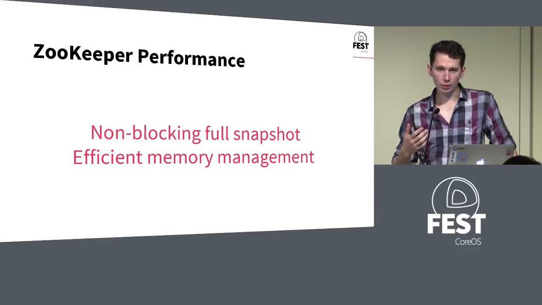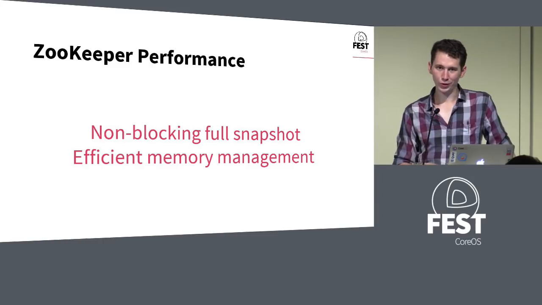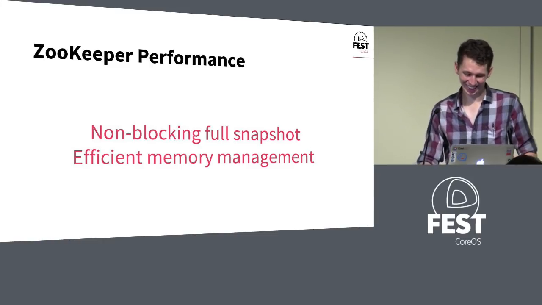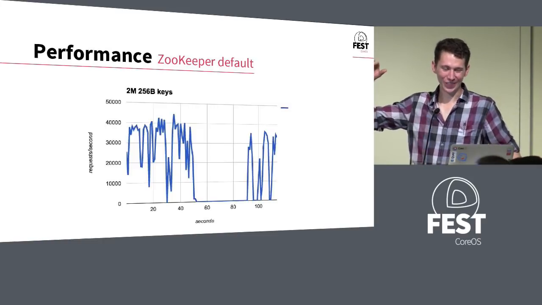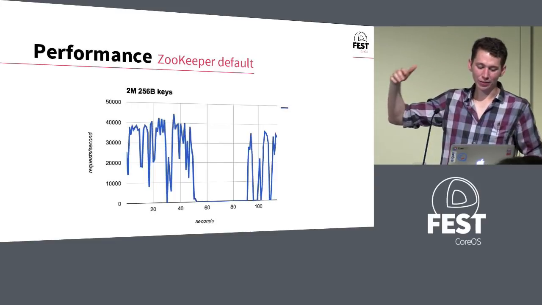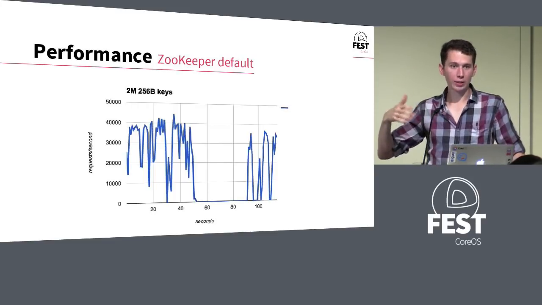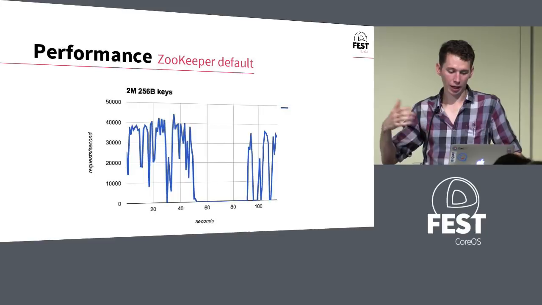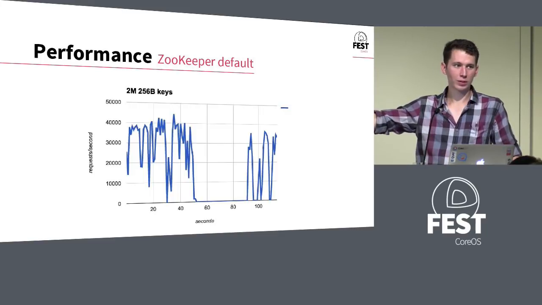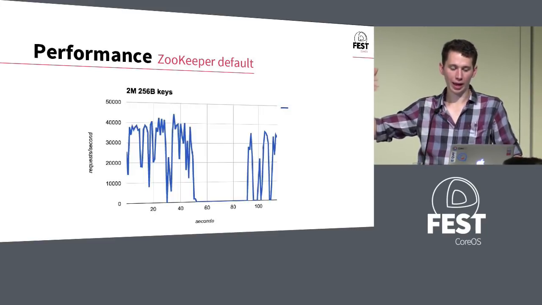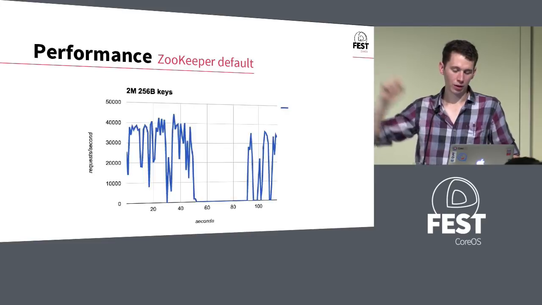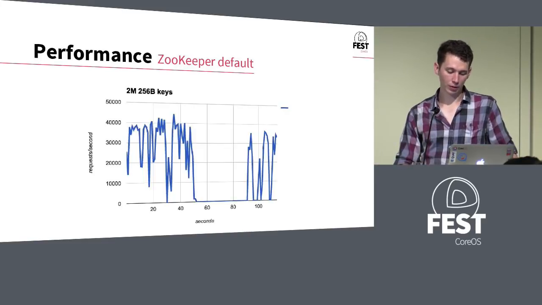And so Zookeeper has pretty good performance here because it has non-blocking full snapshots and pretty efficient memory management for a Java application. And so by default, Zookeeper is able to keep its requests per second up. But again, once snapshots happen, you can incur these penalties where you get a dip in performance.